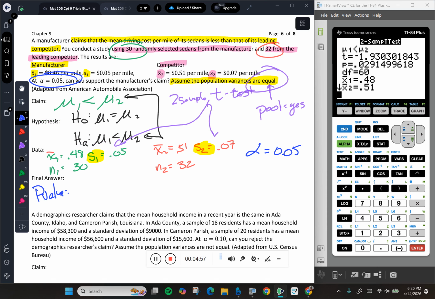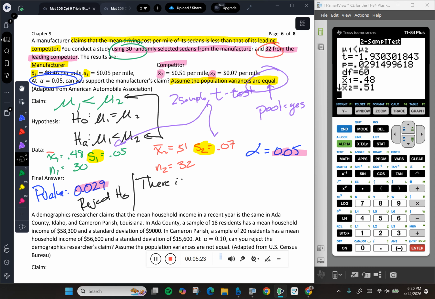But what I really need is my p-value. My p-value is 0.029. I compare my P to my alpha. 0.029 is smaller than 0.05. When P is less than alpha, we reject the null. But our claim was the alternate. And if we reject the null and the claim is the alternate, we say that there is sufficient evidence to support the claim.